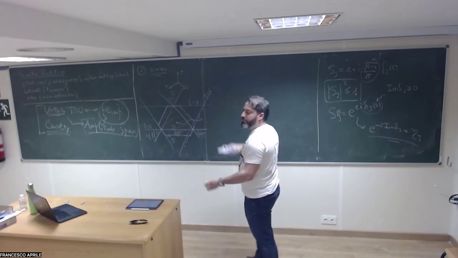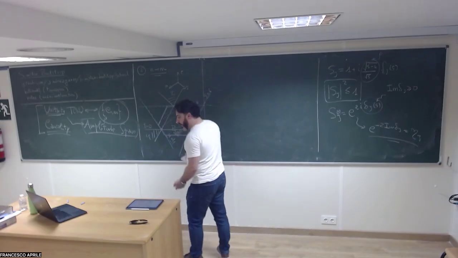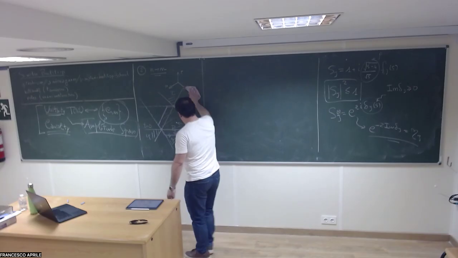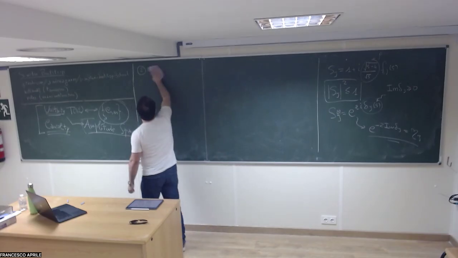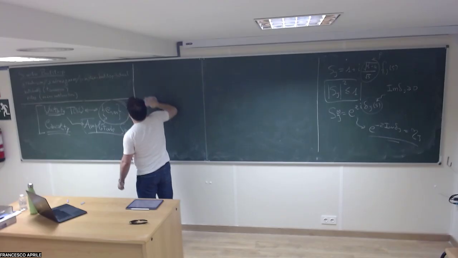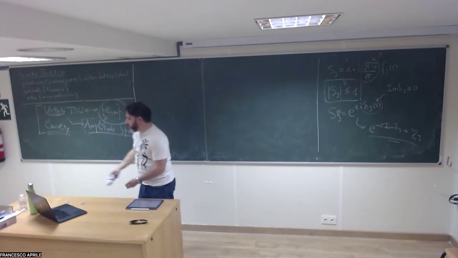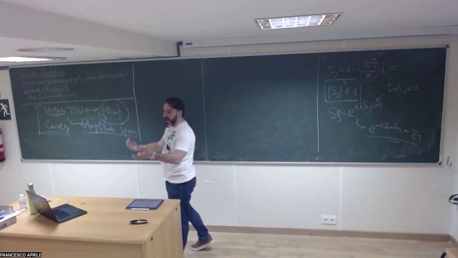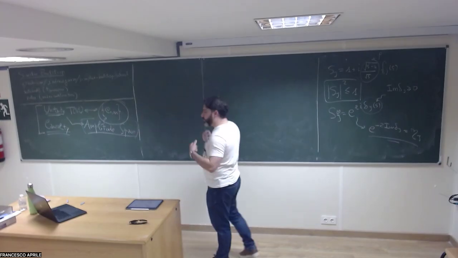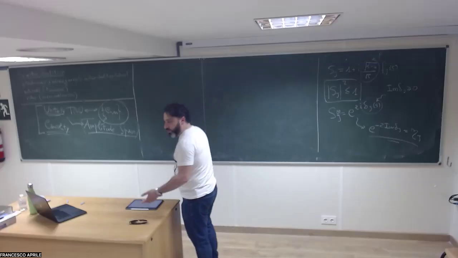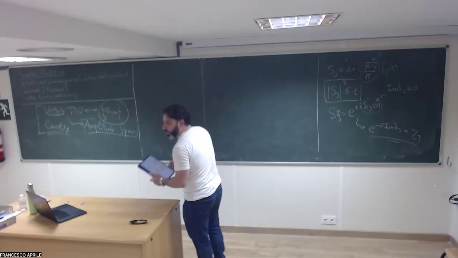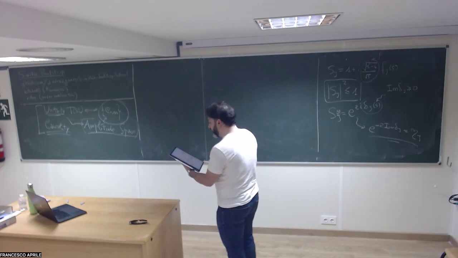You have some WKB approximation. Exactly. But it's also nice because experimentally you get the absolute value, since you measure the cross section, and then with some effort you reconstruct the phase, and the phase is what has some physical information. We will discuss these things.